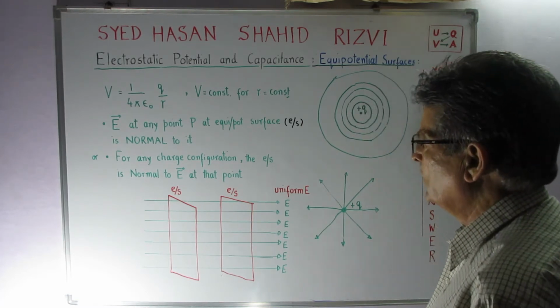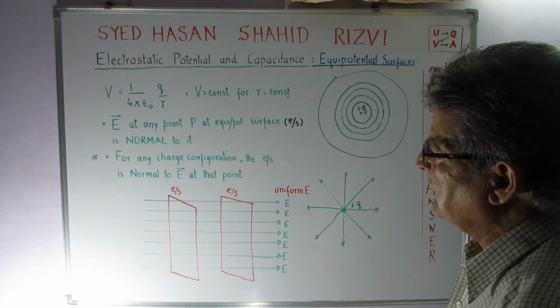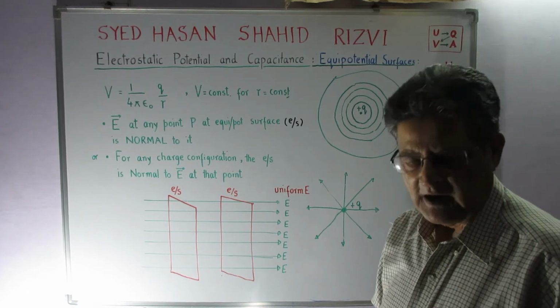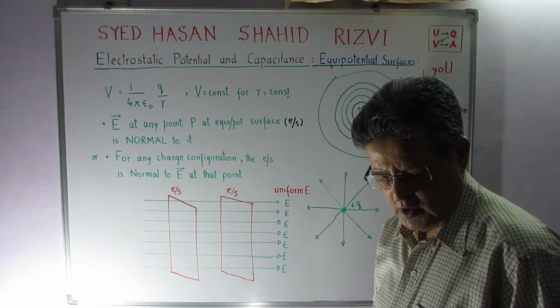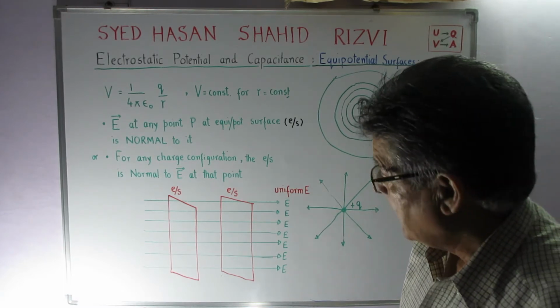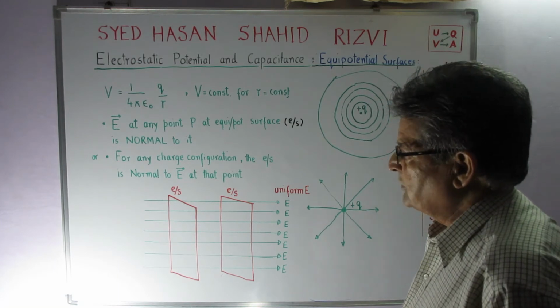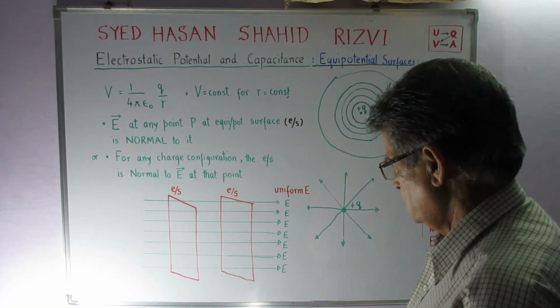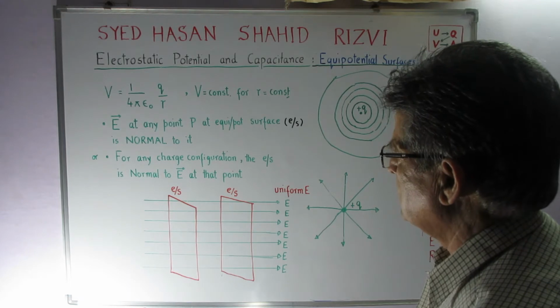So next we see the relation between E and V and define a new unit of electric field in terms of volts.